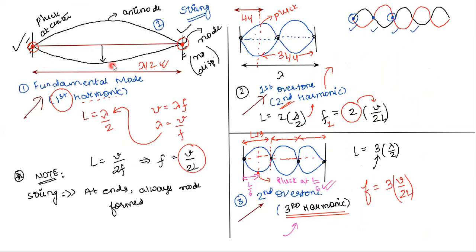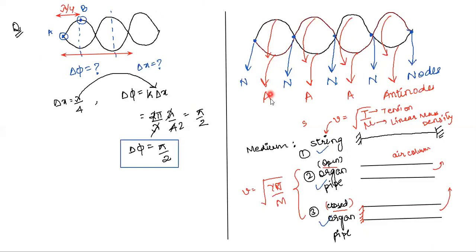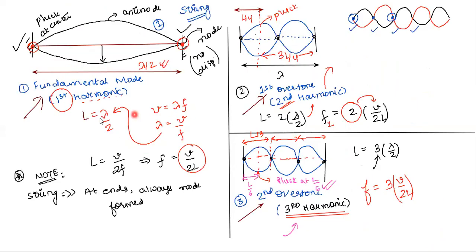I said that if I pluck the string at the center, an antinode will be formed at the center. We talked about nodes and antinodes. Now we considered fundamental, first overtone and second overtone.